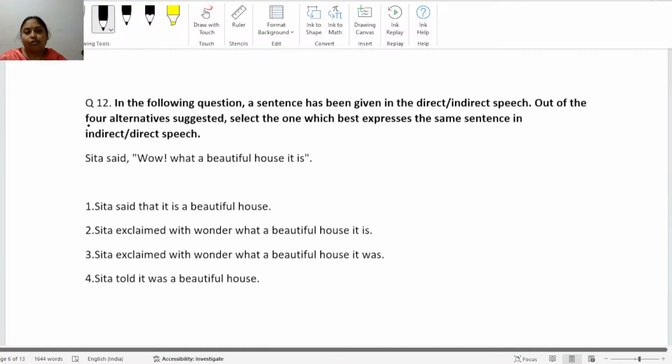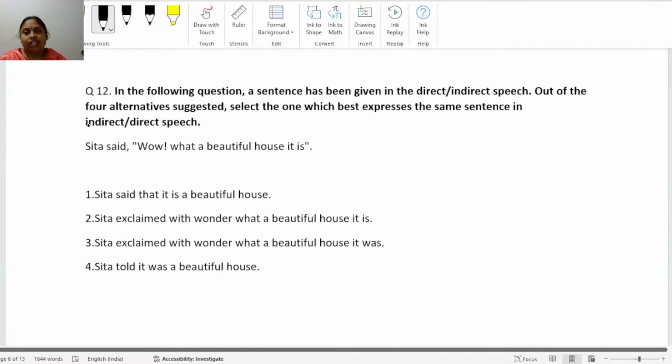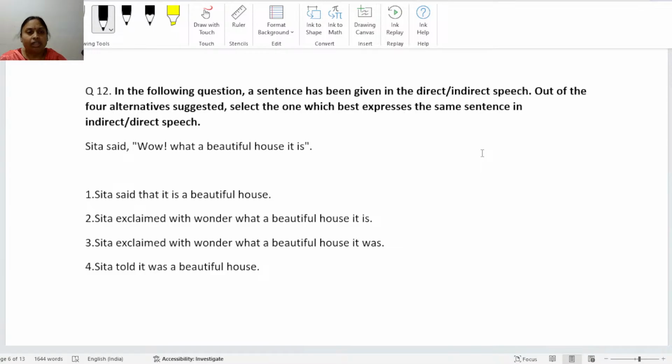So next question, the 12th question we will see. The following question, a sentence has been given in the direct or indirect speech. Out of the 4 alternatives suggested, select the one which best expresses the same sentence in indirect or direct speech. So regarding this, Sita said. Sita is nothing but first person. She is going to say, "Wow, what a beautiful house it is." Take it.